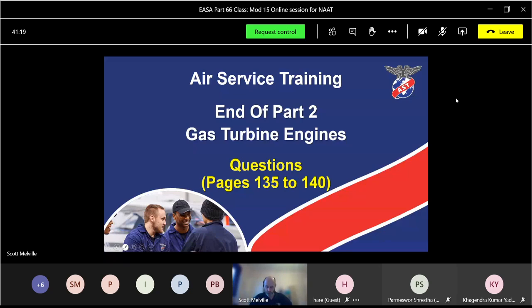Let's see. We'll leave that one for the moment. Okay. What do we have in our fuel system that can carry out adjustments to the fuel system due to atmospheric pressure and density changes? So what's going to automatically change our fuel supply through atmospheric pressure and density changes?